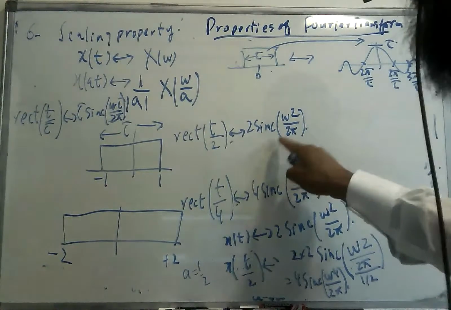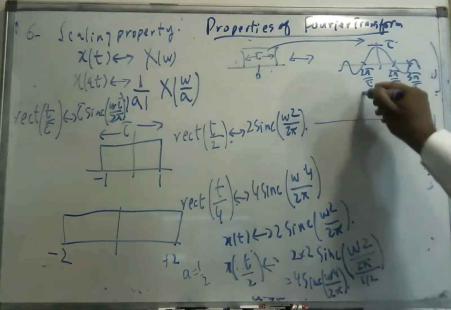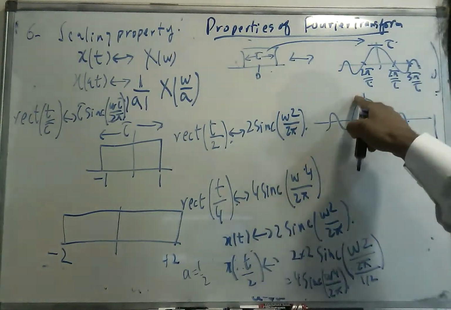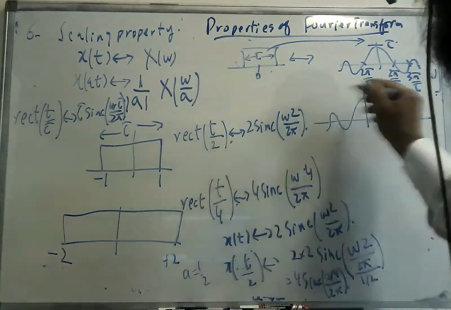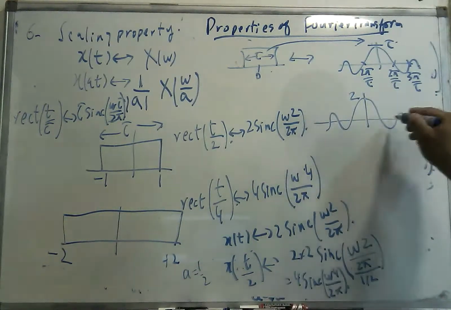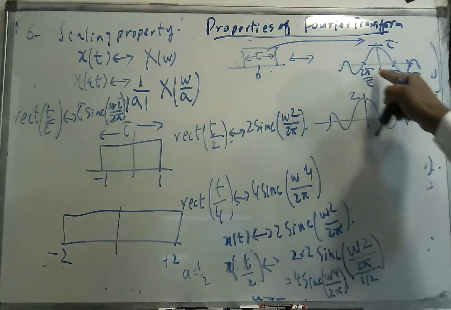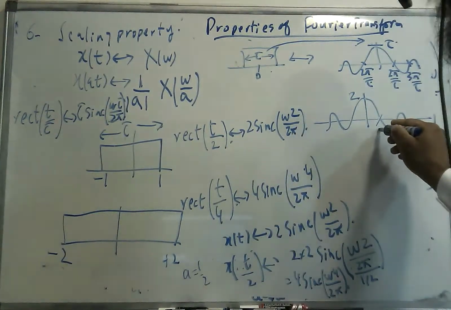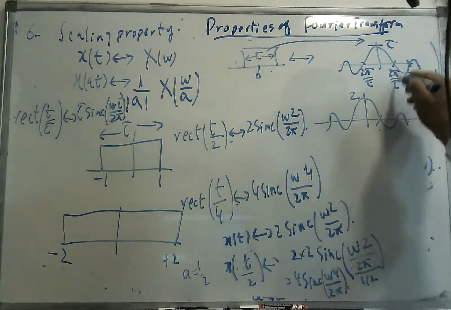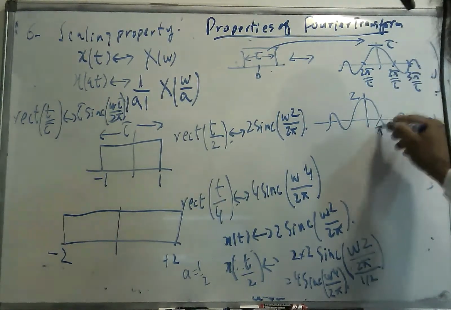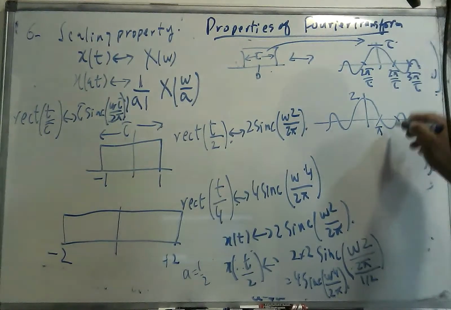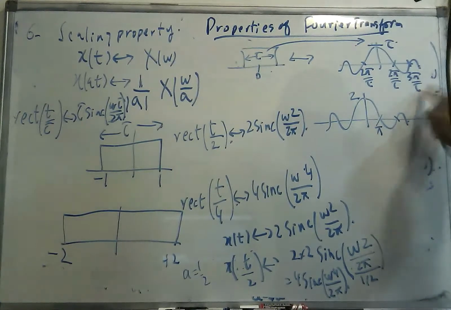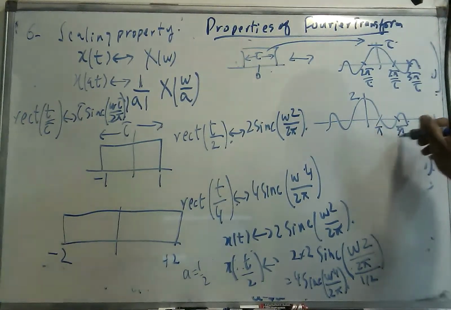Now I can draw this function here. So this function is like this. The amplitude is tau, which is 2, and the first intersection is 2 pi by tau. And what is 2 pi by tau? Tau is 2, so 2 pi by 2, this will be pi. And the second one will be 3 pi by tau, so 3 pi by 2.